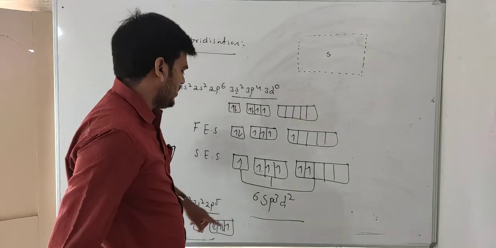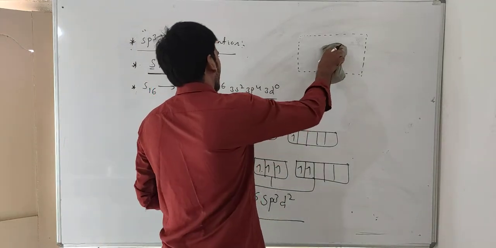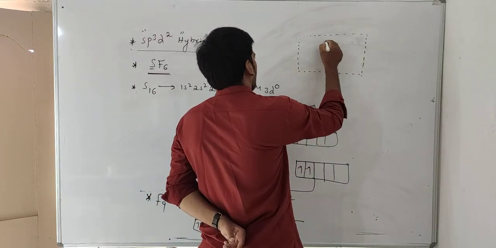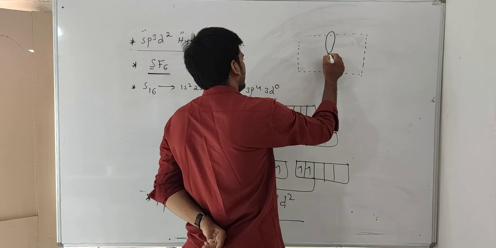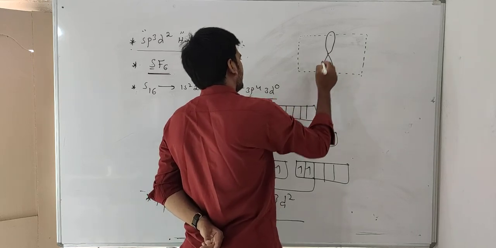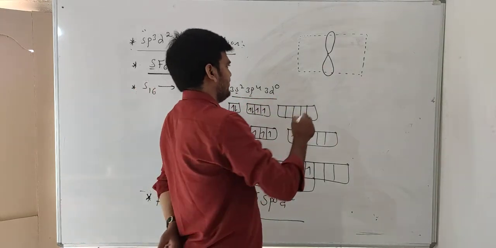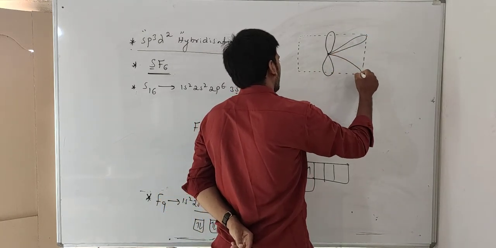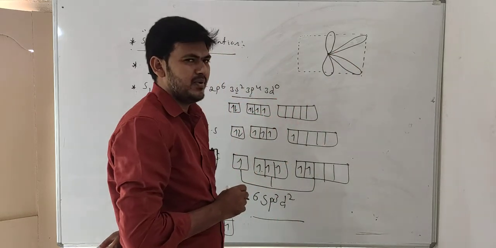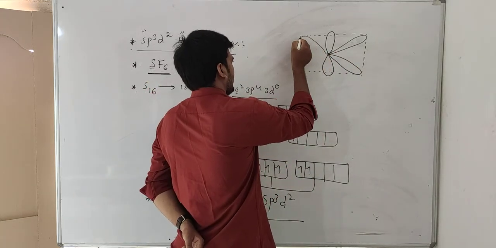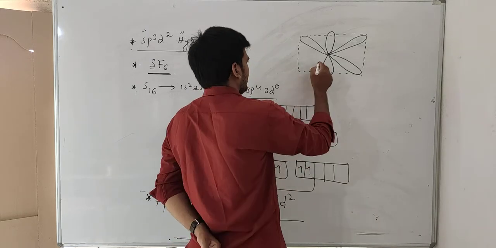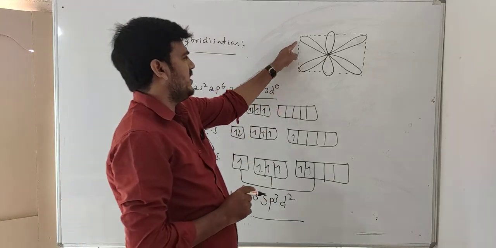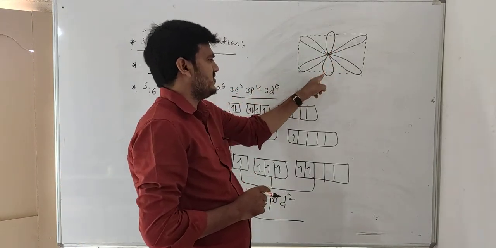Next, total 6 moles of SP3D2 hybrid orbitals: first one, second mole, third mole, fourth one, fifth mole, sixth mole of SP3D2 hybrid orbital. So 1, 2, 3, 4, 5, 6.